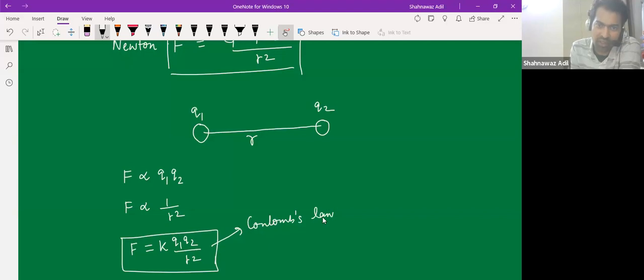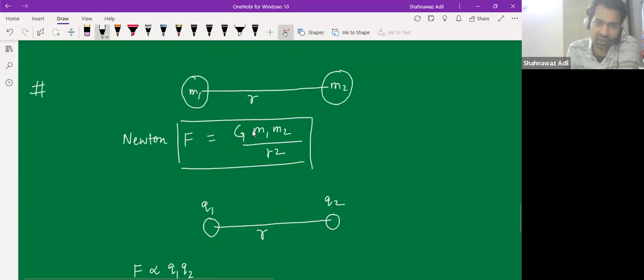We see that the gravitational force is always attractive, right? This is always attractive because the mass is always positive. Gravity is always attractive.